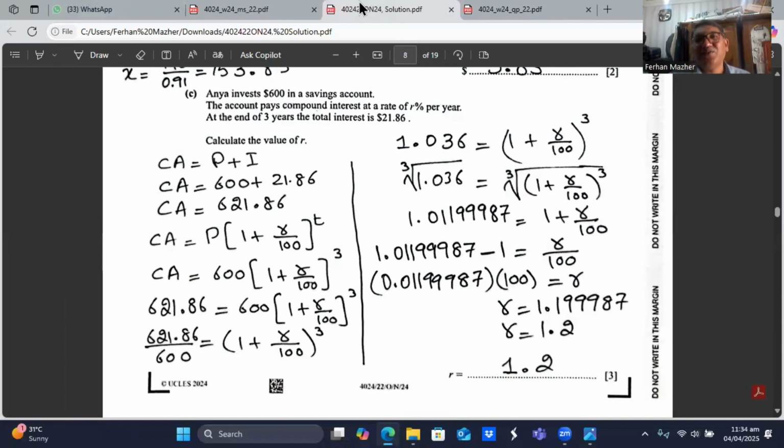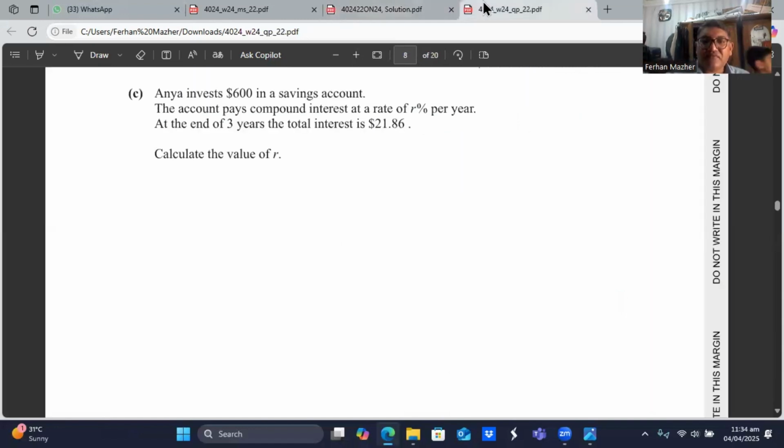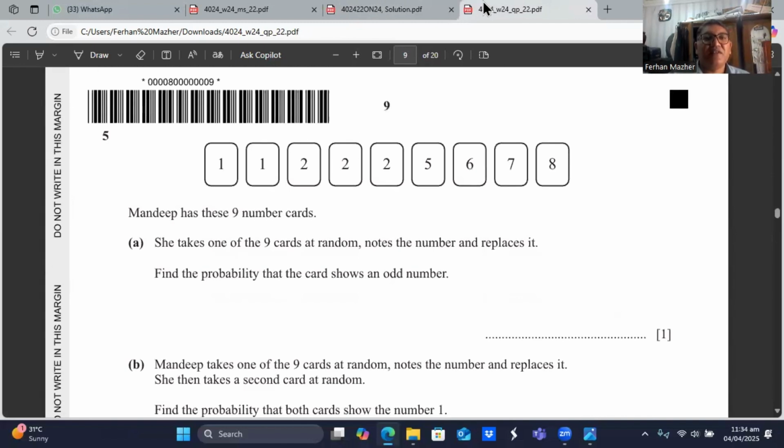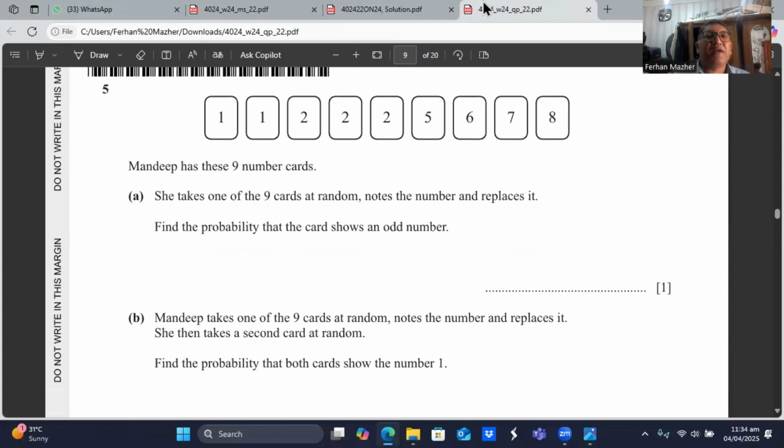I hope you understand this question. Okay, so we are moving to the next question. The next question is question number 5, and it says Mandeep has these 9 number cards. She takes one of the 9 cards at random, notes the number, and replaces it.